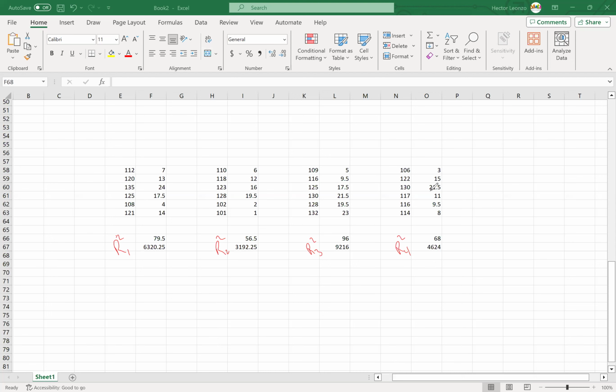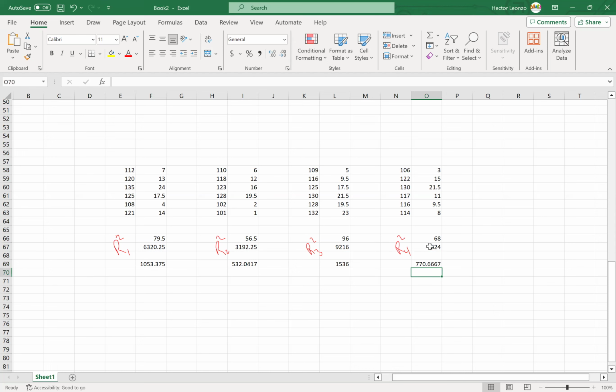And remember how there's 6 on each? So what I'm gonna do, let me leave a space here. I'm gonna go this number divided by 6. And then this number divided by 6 because there's 6 on that list. And then this number divided by 6. And lastly, this number divided by 6.